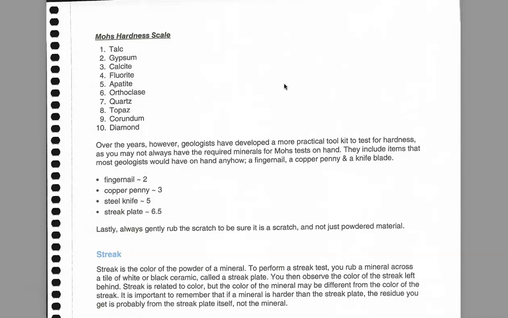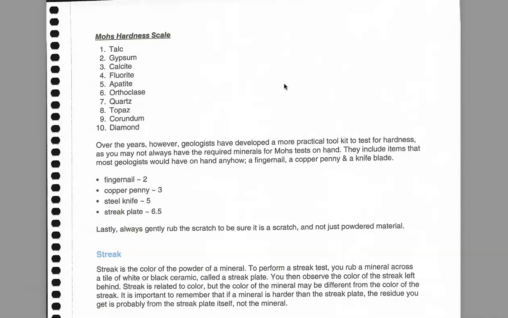This is where you guys get confused, because I'll see you trying to scratch the nail, or rubbing the penny on the mineral, and believe it or not, it tests the exact opposite of what you want to test when you do them the wrong way. So now we are trying to scratch the mineral with the nail. Please don't puncture yourself, but give it a try. Pass it around.